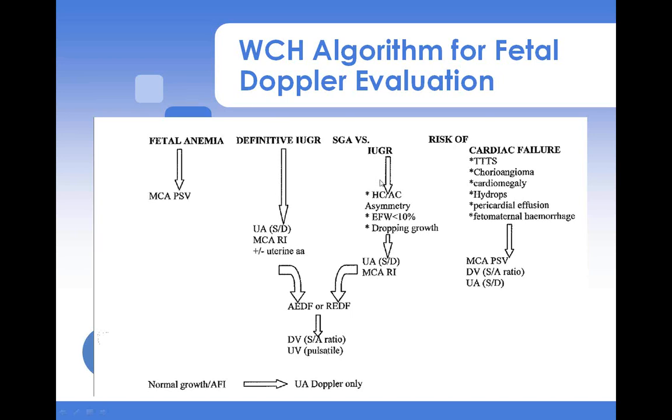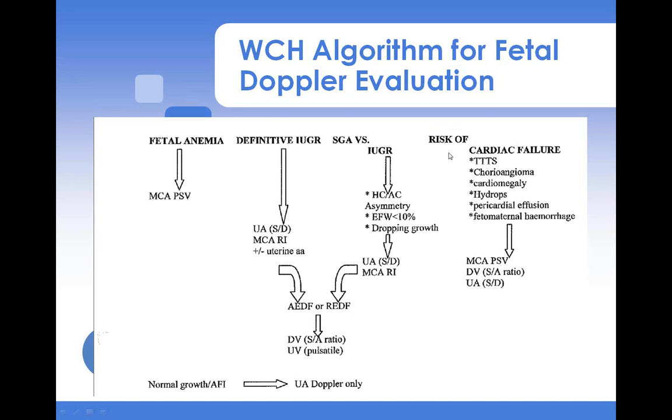For a small fetus versus IUGR, if there was head-body discordance, fetal weight or abdominal circumference below the 10th percentile, or a clear drop-off in growth, we would do an umbilical artery Doppler, obviously, and an MCA-RI, and then move on, depending on how the umbilical Doppler looked, whether there was absence or reversal of end-diastolic flow, we would perform the ductus.